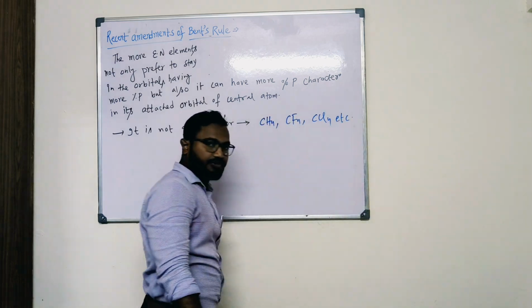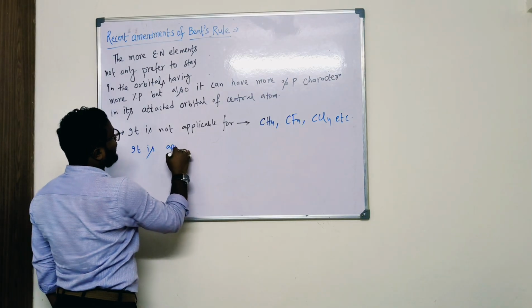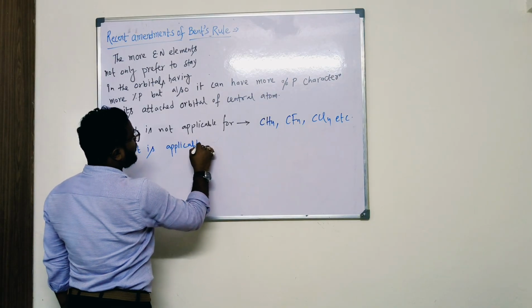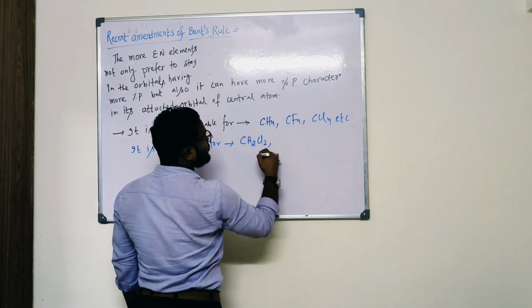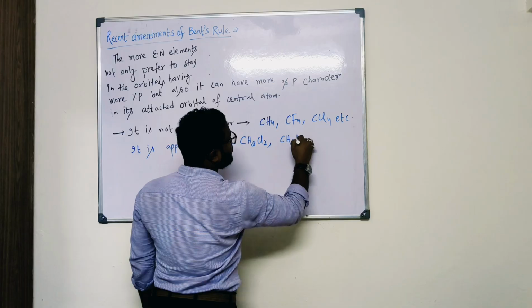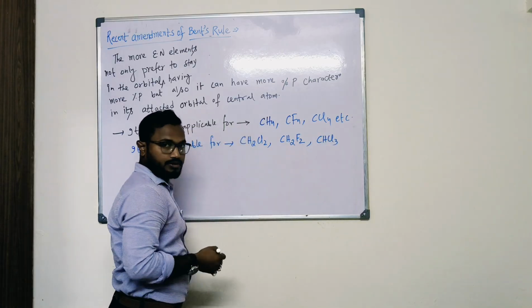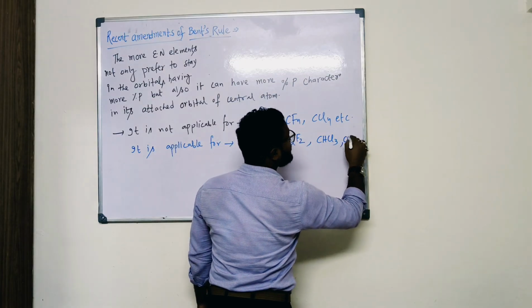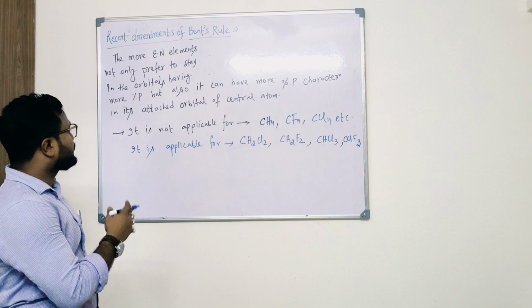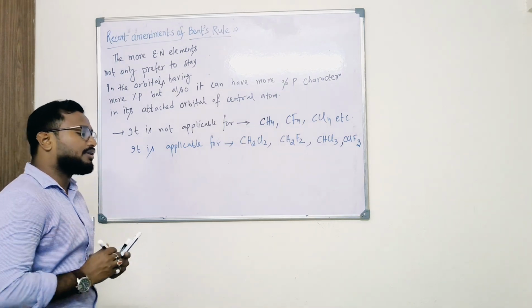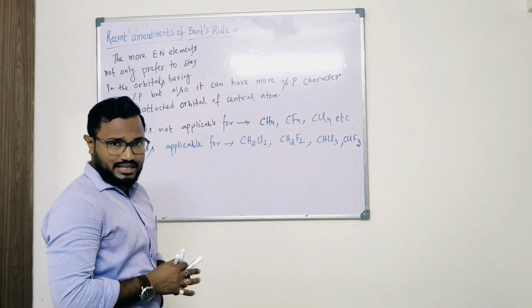It is not applicable for them, and it is applicable for CH2Cl2, CH2F2, CHCl3. You can consider CClF3. So these are the compounds for which it is generally applicable. Now let's take 2-3 examples to understand what actually the amendment signifies.